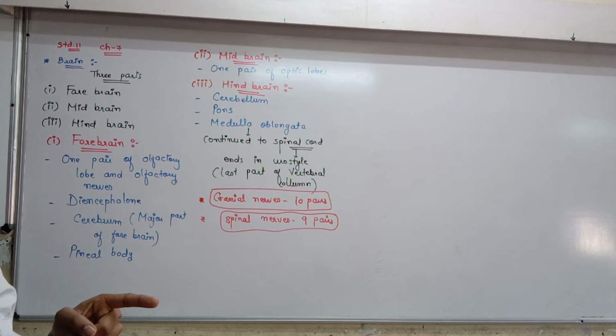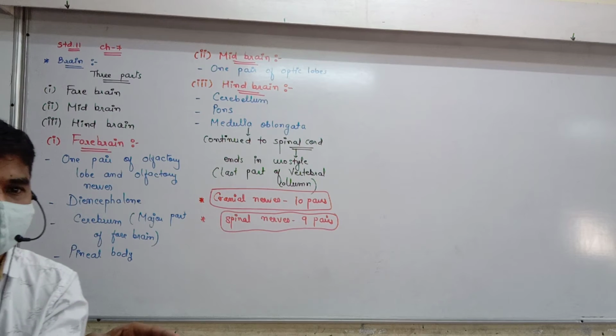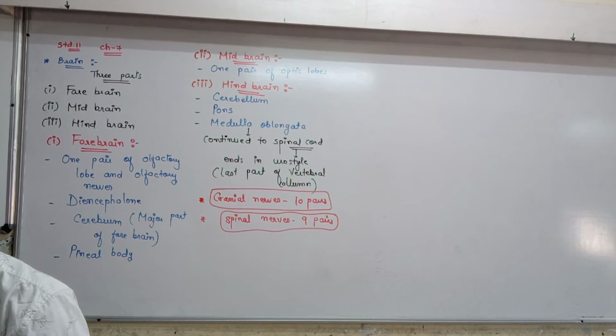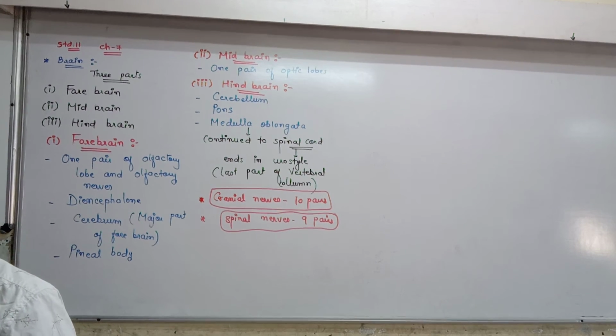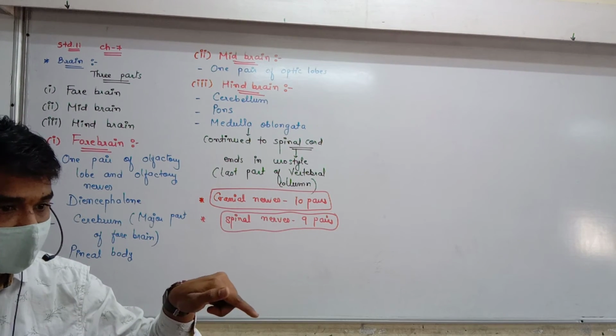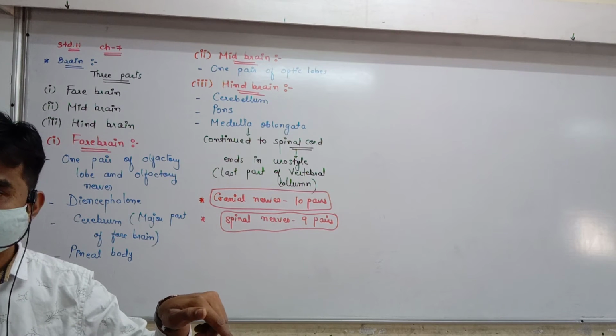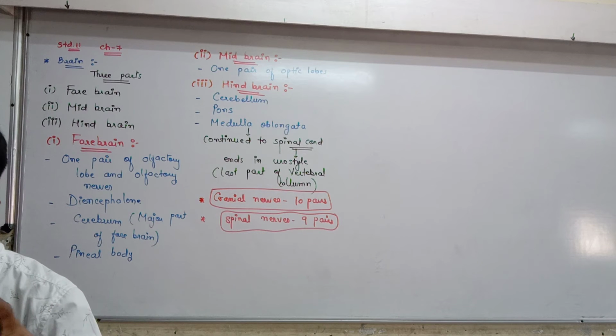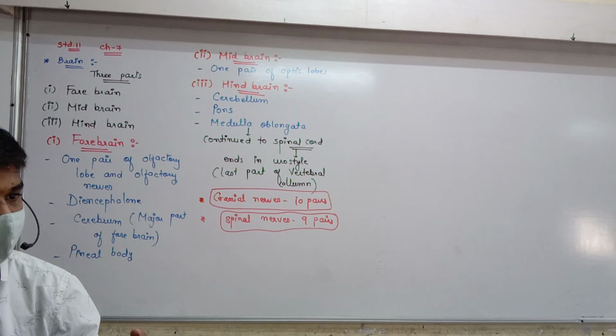The tadpole is now converted. First of all, two hind limbs form. Okay? Then the tetrapod condition means two forelimbs are also formed. Can you imagine?